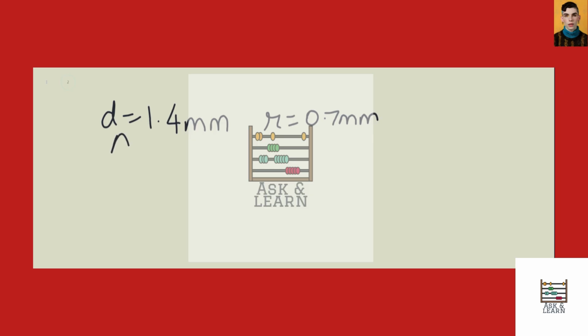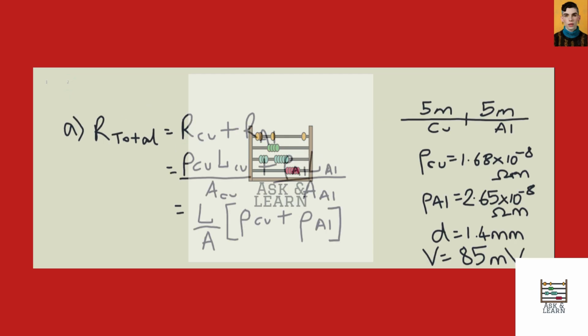And so the cross-sectional area is pi r squared, which is equal to pi times 0.49, which comes to 1.54.